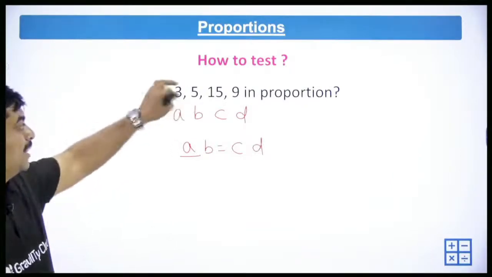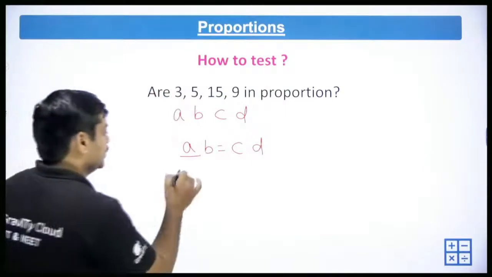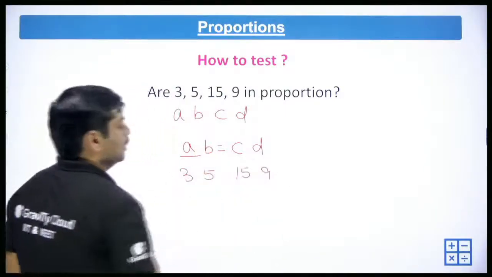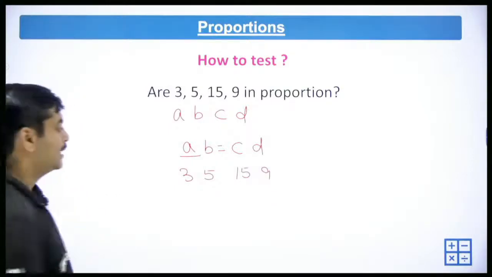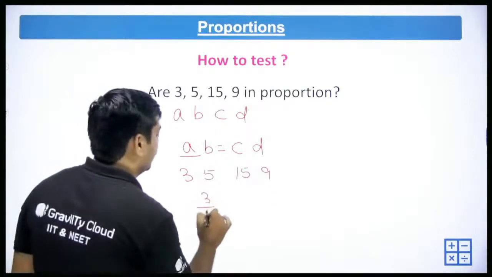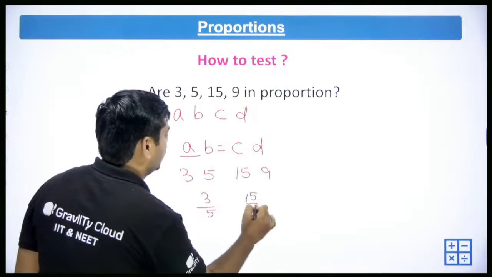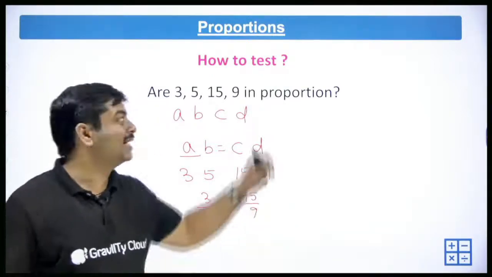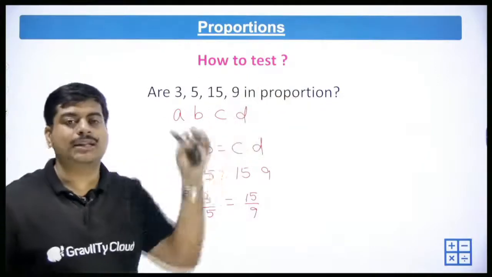So, I said 3, 5, 15, 9. So, 3 is to 5 and 15 is to 9. I can say this as 3 by 5 and 15 by 9. So, are these two equal or not? If these two are equal, I can say yes, they are in proportion, or else we should not say that.